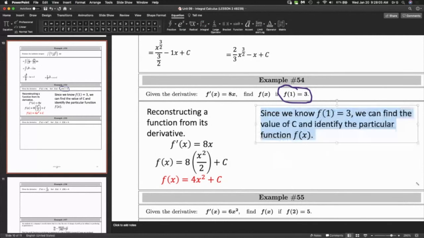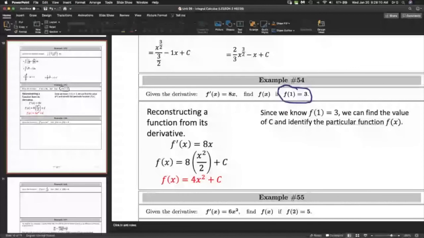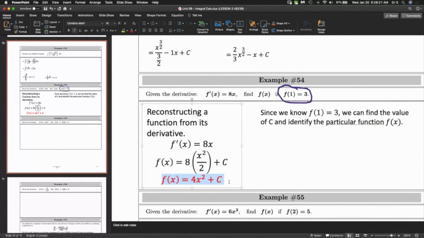I use the word particular here. You could use the word specific, but in the mathematical term, we use particular because it's called a particular solution. So in other words, this thing here, because the value of c can be anything, that's called a family of solutions. And then over here, we're going to find the particular solution, the specific value of c that matches the given information.